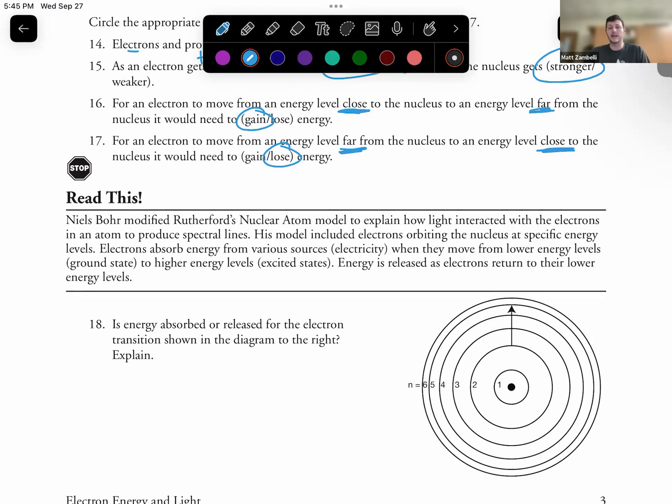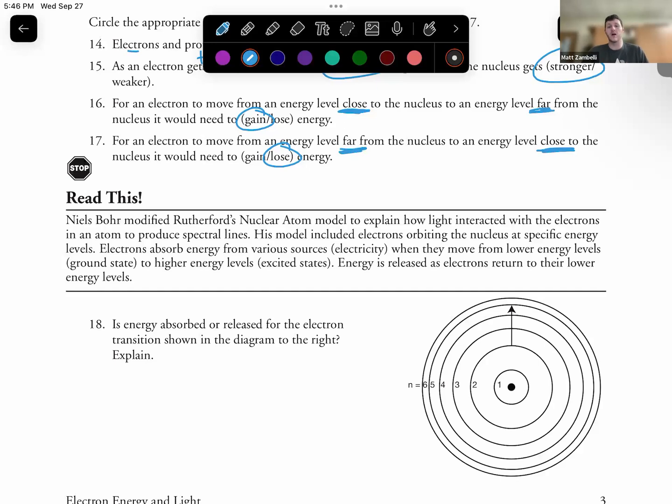In his model, it included the electrons orbiting the nucleus at specific energy levels or specific ring numbers, right? We have 1, 2, 3, or the first orbital, the first energy level holds 2 electrons maximum. The second and third ones hold 8, so on and so forth. The electrons absorb energy from different sources like electricity or heat.